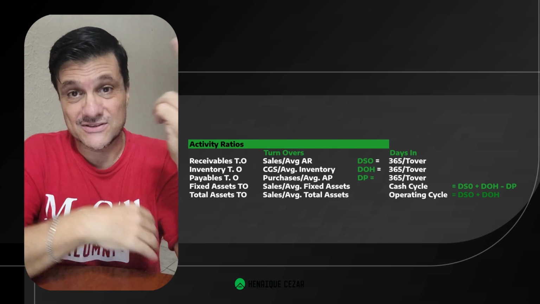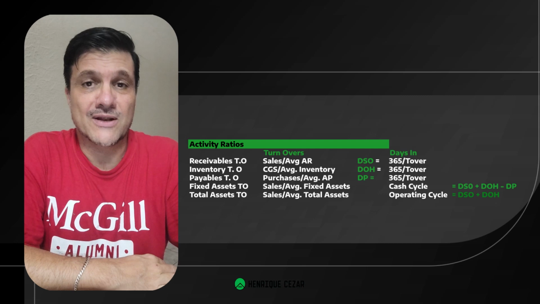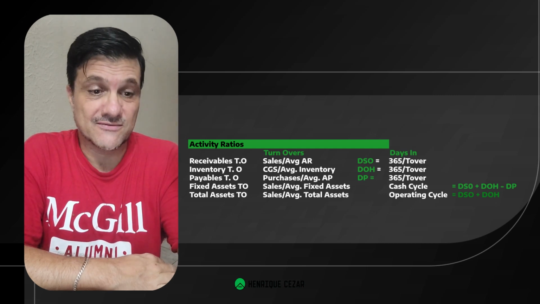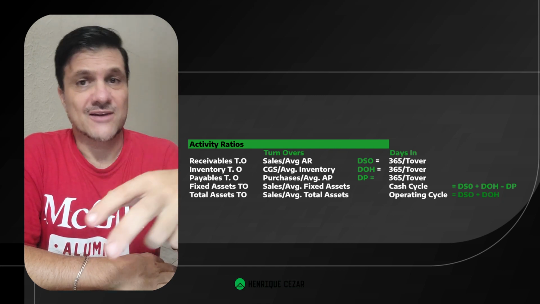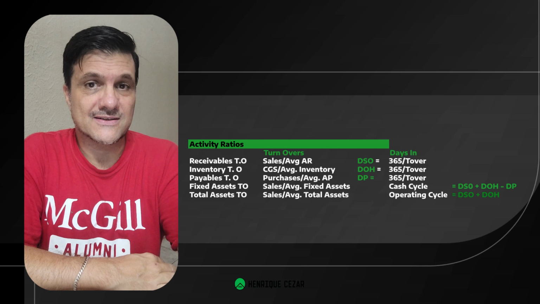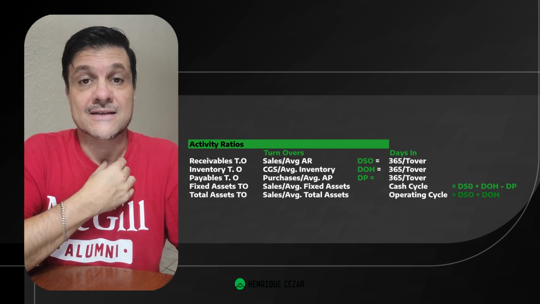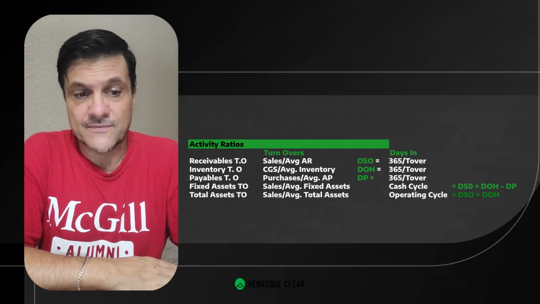So sales in the numerator and the name of the turnover in the denominator. So receivables turnover, sales divided by accounts receivable. Fixed asset turnover, sales divided by fixed assets. And total asset turnover, sales divided by total assets. Sales means revenues, right? So it could be revenue as well. Good. Well, kinda.